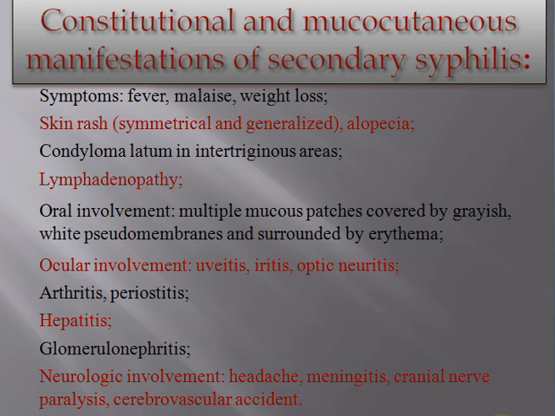A rash of varying extension is the most common presenting symptom. The rash typically does not cause pruritus and develops as symmetrical 3 to 10 millimeter pink or red macules, which can progress to papular or pustular form. If untreated, the rash resolves over several weeks without complication, the same as primary syphilis or syphilitic chancre.